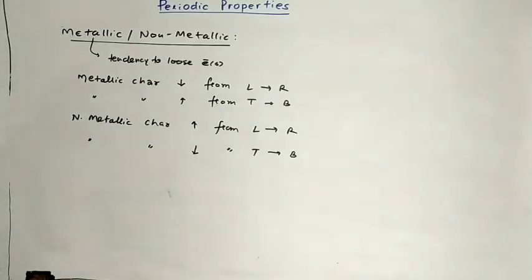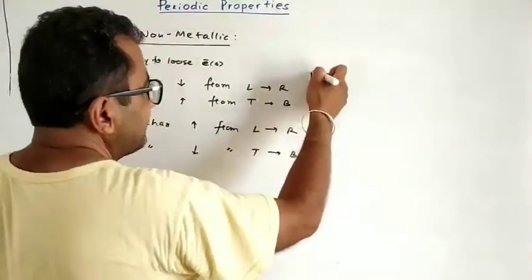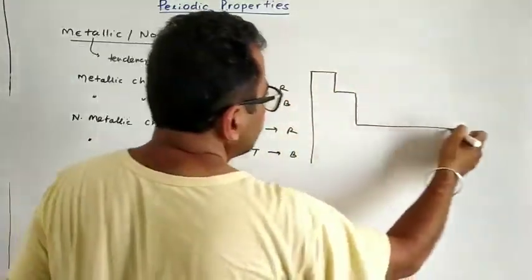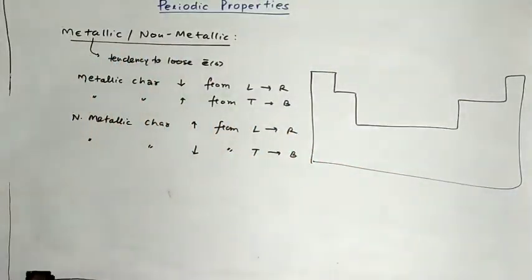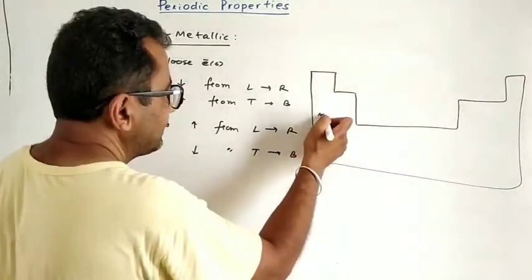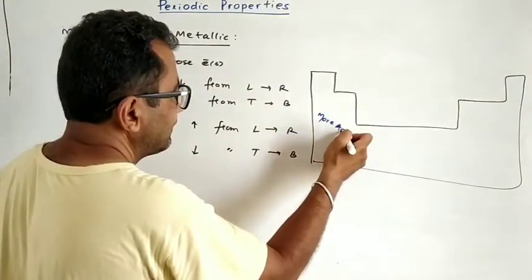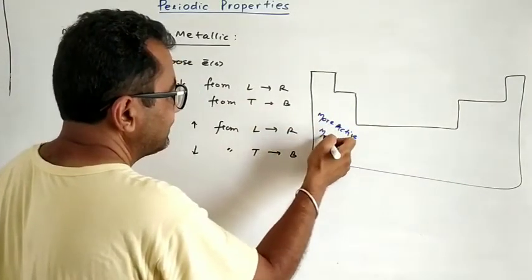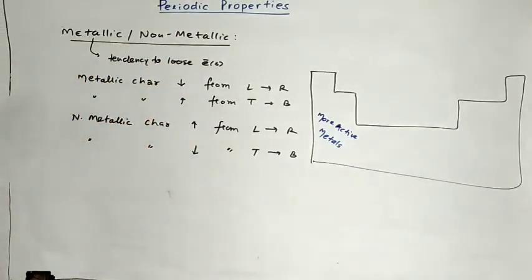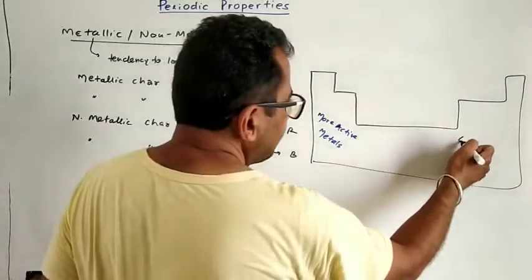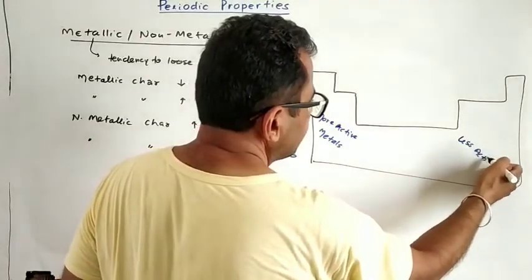In the periodic table, if you see, this is again the periodic table. On the left hand side, the more active metals are there, and on the right hand side you have less active metals.